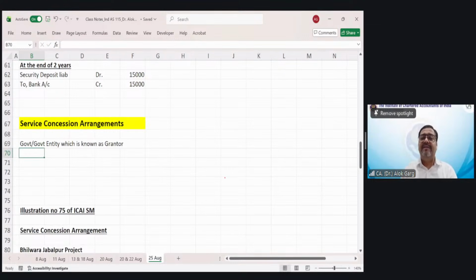This government entity awards the contract to the private party, which is known as the operator.